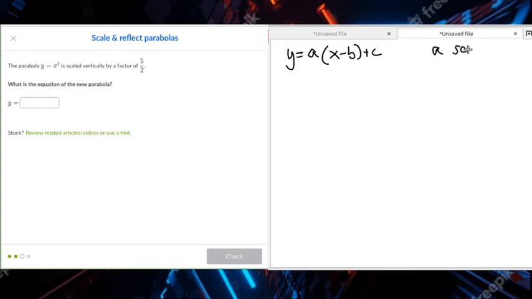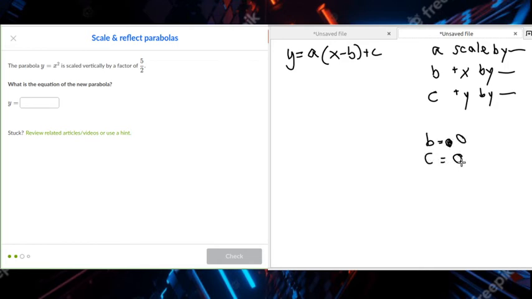A is where we scale by a factor of, okay, and b is move in the positive x direction by how much, and c means move in the positive y direction by how much. So we can see here we're not moving, so for our new one, b is going to be 0 and c is going to be 0.